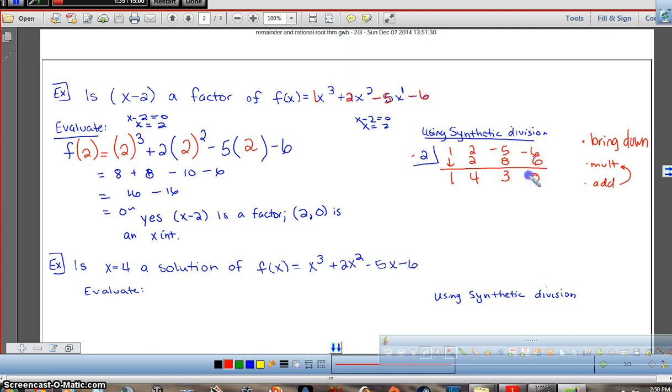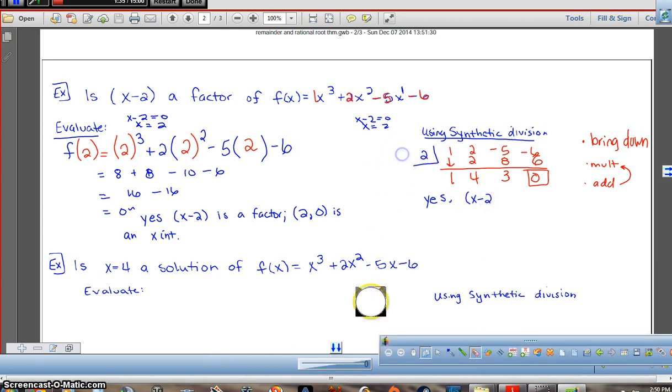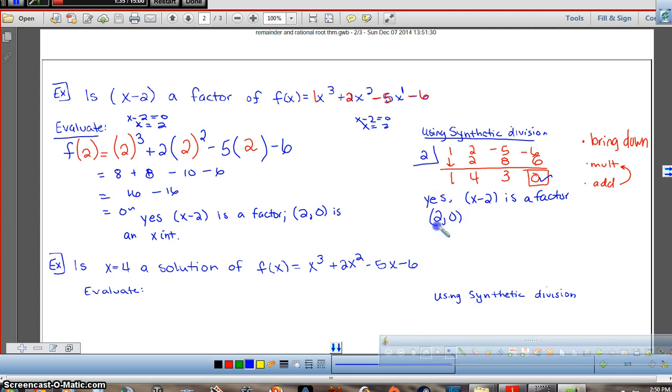And then I add. So there I get my remainder is 0. So this would be yes again for the same reason. X minus 2 is a factor. I got a 0 in my remainder spot. 2, 0 is an x-intercept.